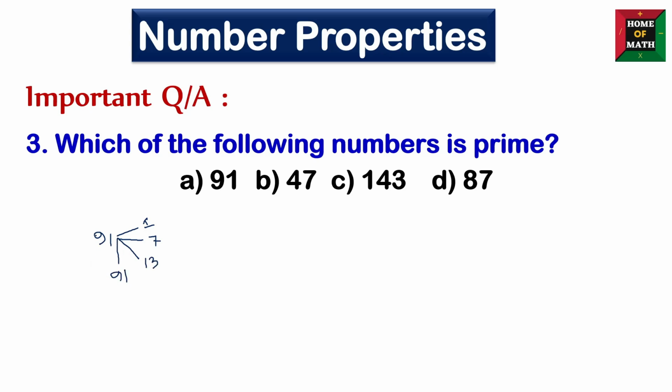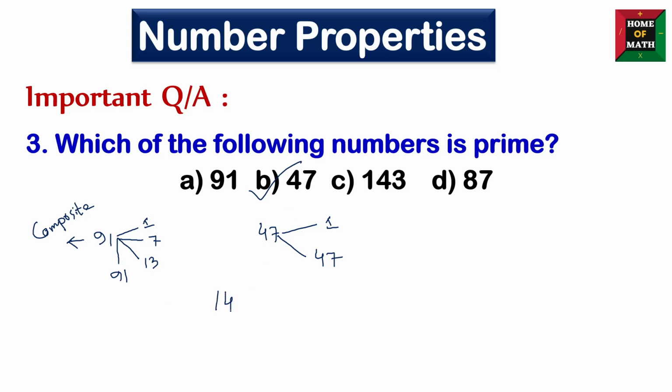So 91 is a composite number. It's not a prime number. Then 47: we can divide only by 1 and 47. So 47 is our right answer.